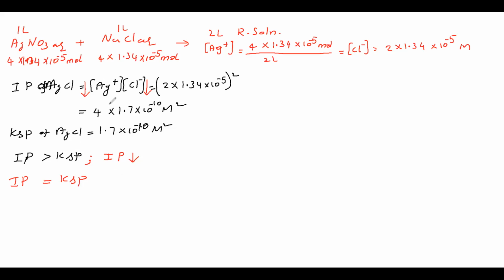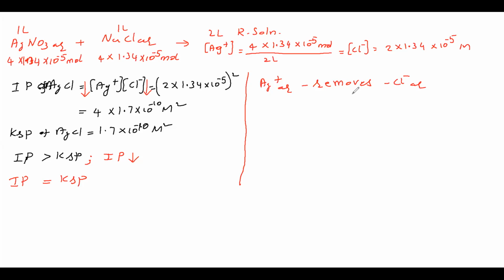Therefore, the system decreases the concentration of Ag plus. How can the system decrease Ag plus concentration? That means the system removes Ag plus aqueous as well as Cl minus aqueous.